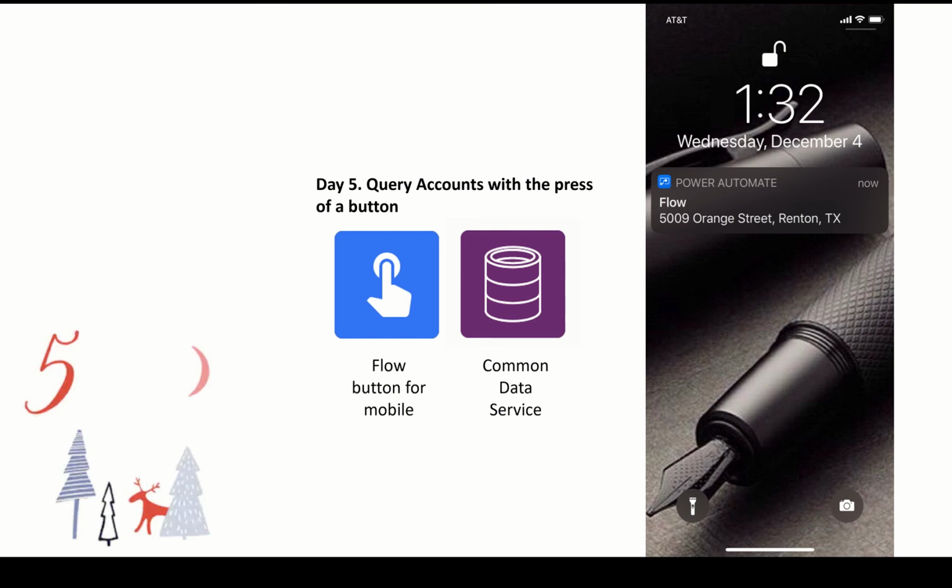So this is a really cool thing, but I'd like you to be creative about this. Think about all the different things you would like to query that you have access to, and make yourself a button to do that for you, so that you have this handy way of asking questions to your data. And remember, because you are working with the Power Platform, you can actually get an answer that includes multiple data sources.